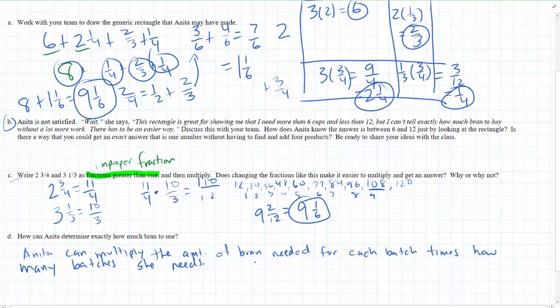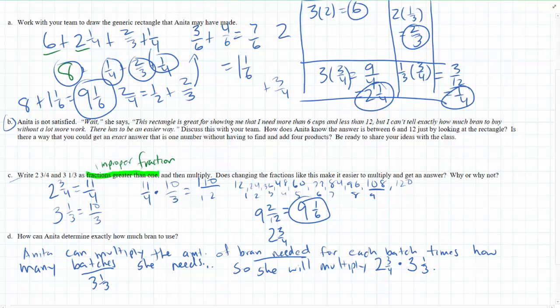So in other words, the amount of bran needed was the 3 1/3, and the batches was 2 3/4. So she will multiply 2 3/4 times 3 1/3. Okay, so that is 5-31.